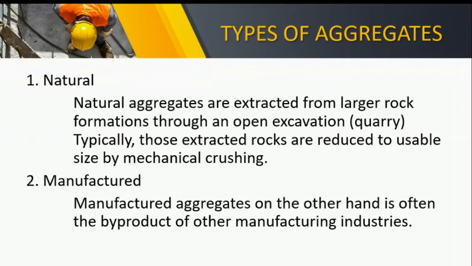So, natural aggregates like stones are quarried and crushed to the ground to produce a variety of sizes of aggregates. On the other hand, manufactured aggregates is often the byproduct of other manufacturing industries. So mamaya makikita natin kung paano ba o saan ba nanggagaling yung manufactured aggregates.